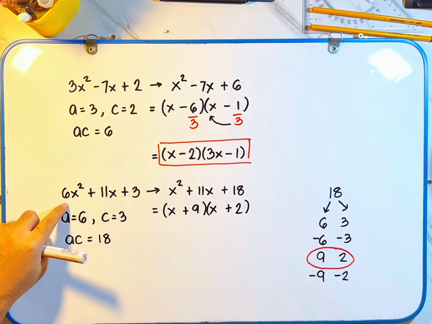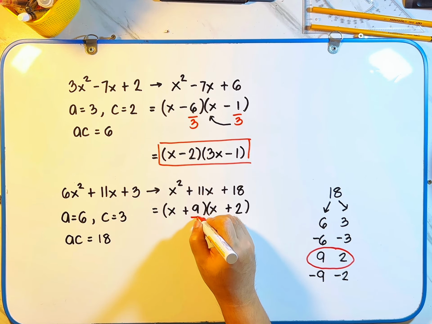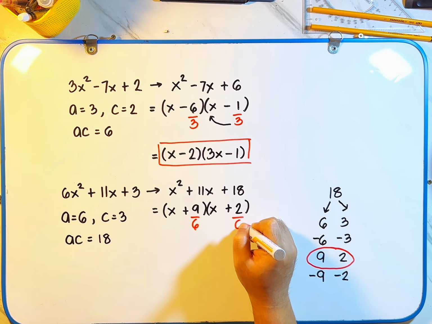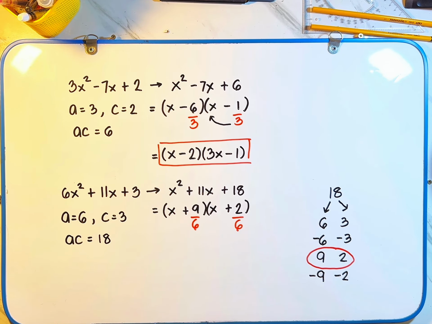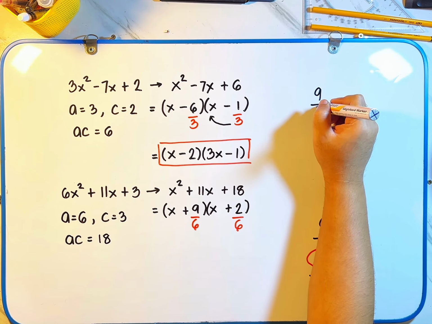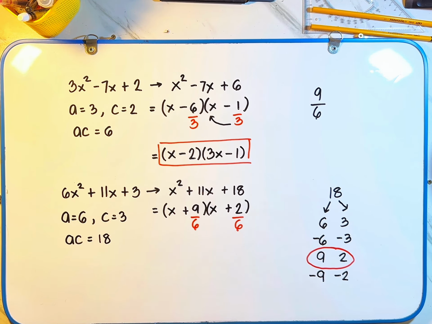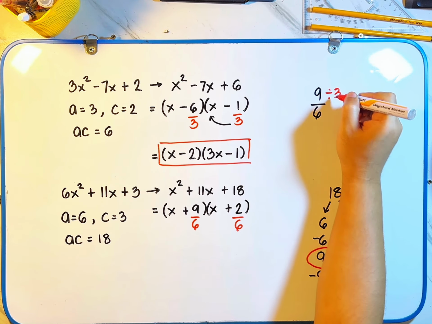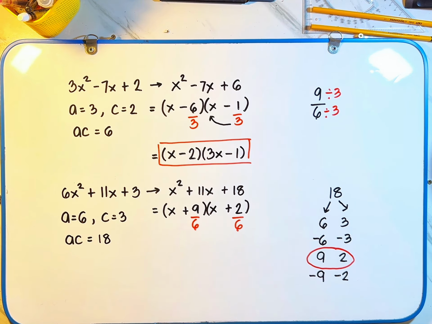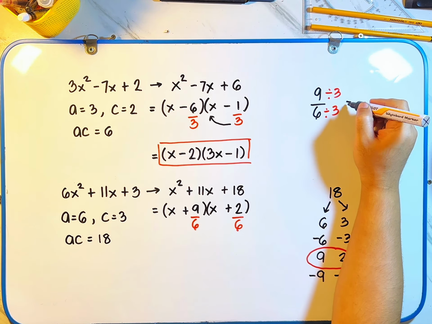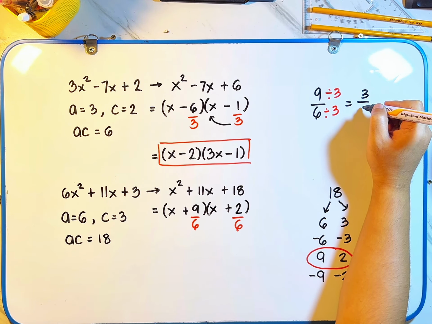Now let's return the leading coefficient 6 by dividing both of these values by 6. Let's reduce if possible. 9 divided by 6, we can reduce that by dividing both by 3. 3 is the GCF of 9 and 6. Therefore, this becomes 3 over 2.